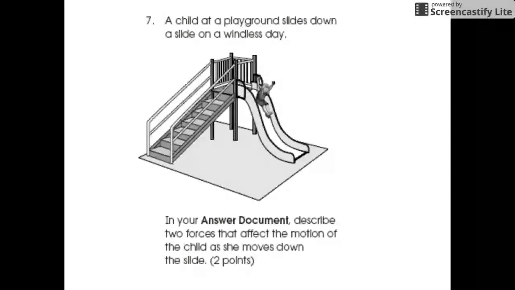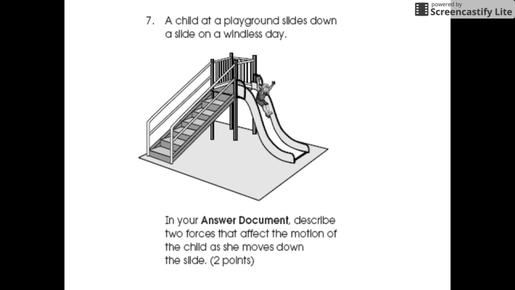So here we have a girl going down a slide. We're going to assume it's a windless day. We need to come up with at least 2 forces that are affecting the motion of the child as she's going down the slide. Well, everybody on planet Earth has probably had experience with gravity. Gravity pulls things to the ground.